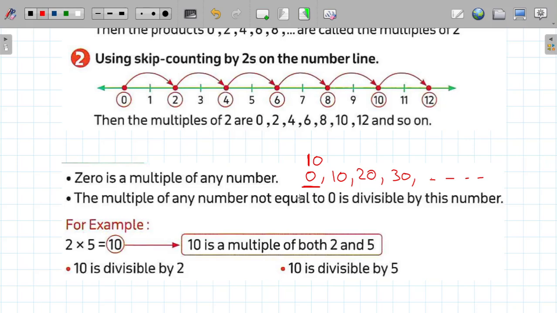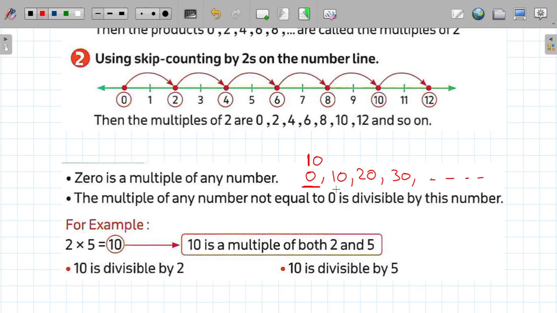Okay, number 2, any multiple of a number, other than 0, is divisible by this number. So I have here 10 is divisible by 10, 20 is divisible by 10, 30 is divisible by 10. So any multiple of a number is divisible by this number.